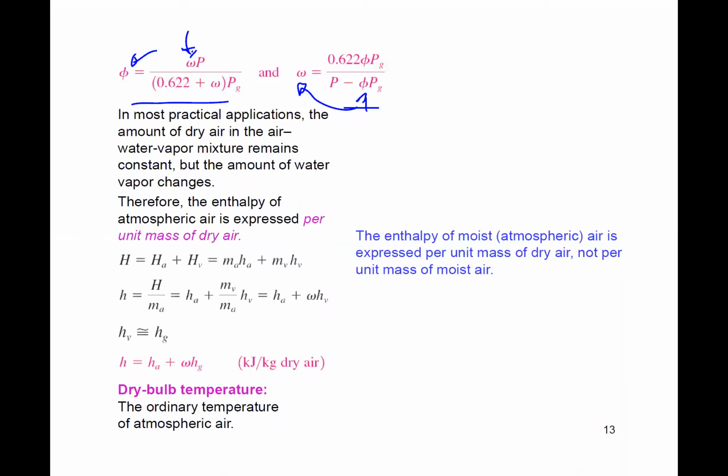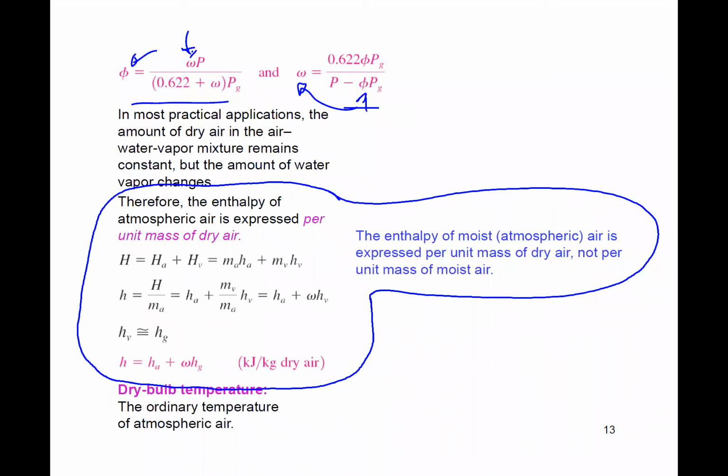The other big thing to understand from chapter 12 was our enthalpy, which is what's derived right here. That is the enthalpy of the dry air and the enthalpy of the water vapor.